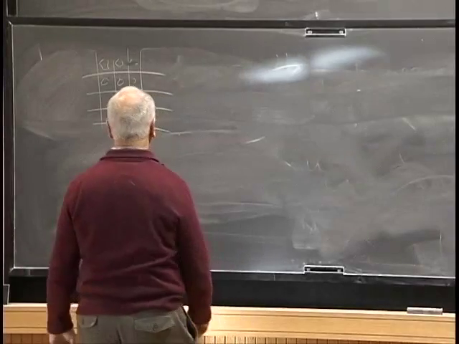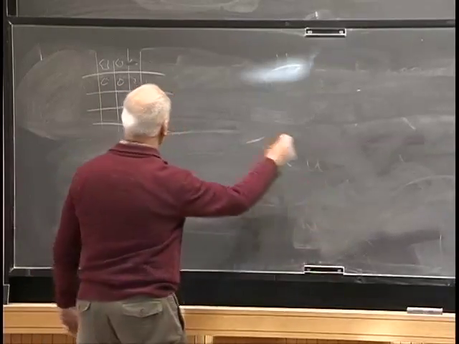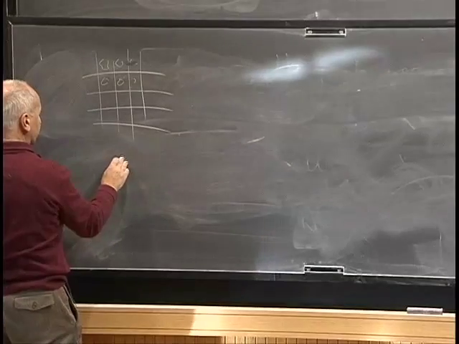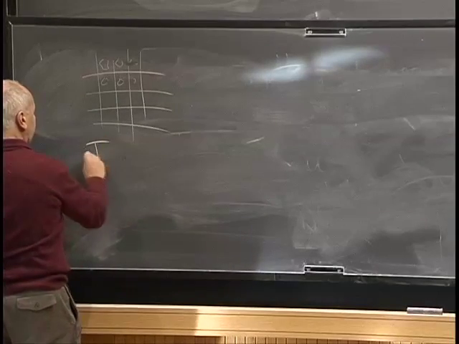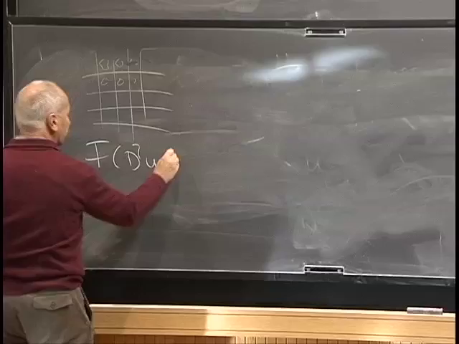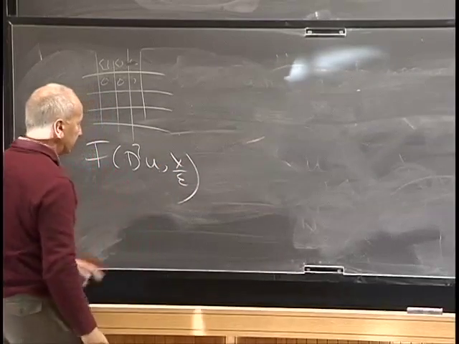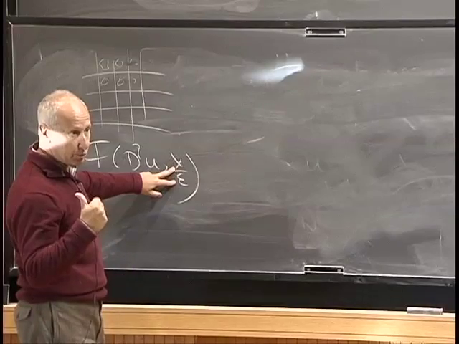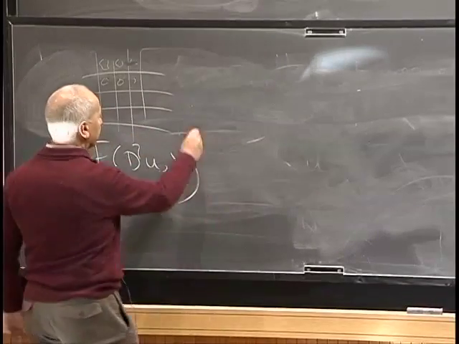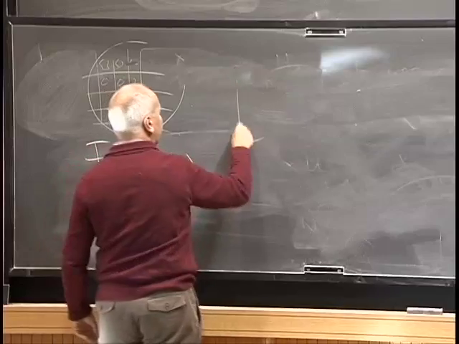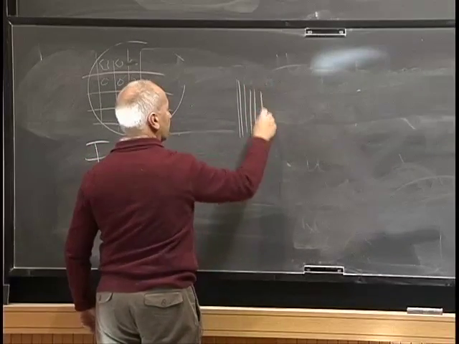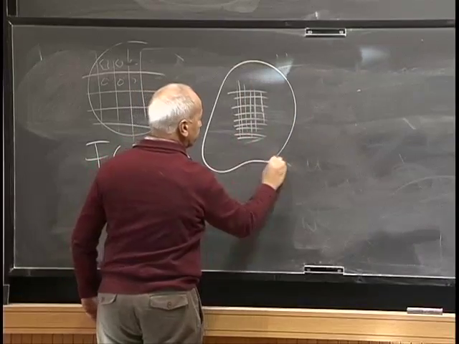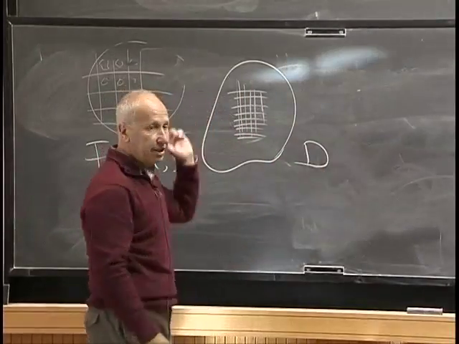Okay, so you want to shrink the oscillations. In other words, you want to look at f of D squared u of x over epsilon, right? That means that now when x is epsilon, it is like when before x was 1. So you have reduced this structure to a very fine grid of size epsilon, and you are looking at a fixed domain D, for instance, and you can look at the Dirichlet problem.